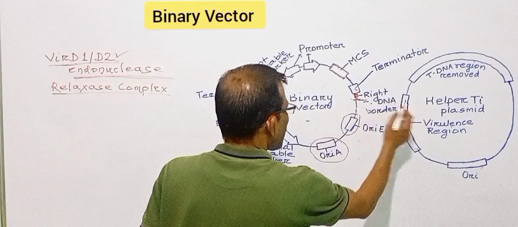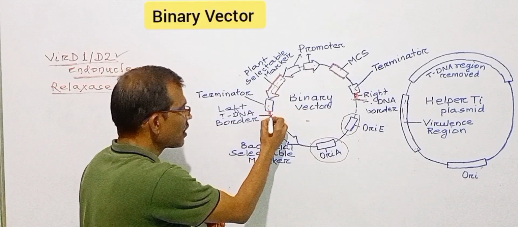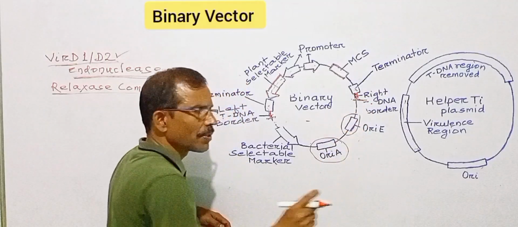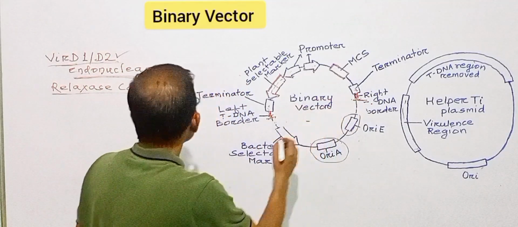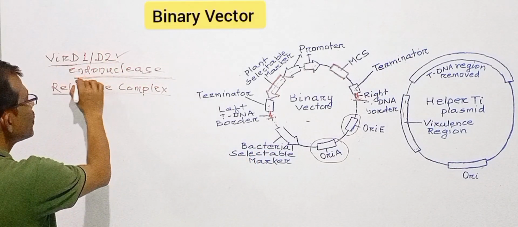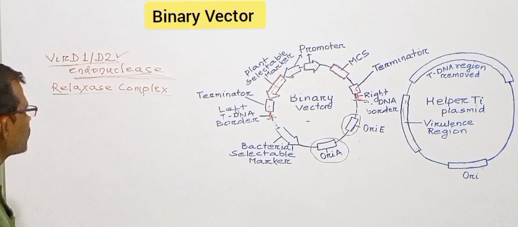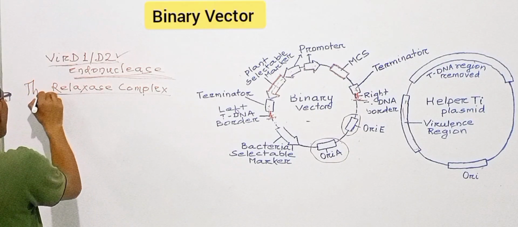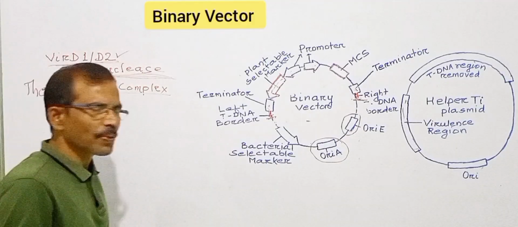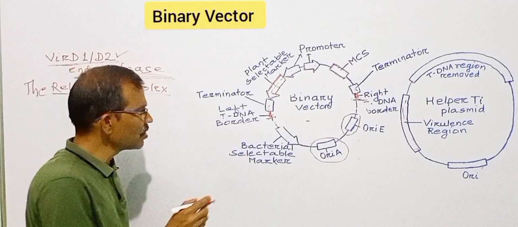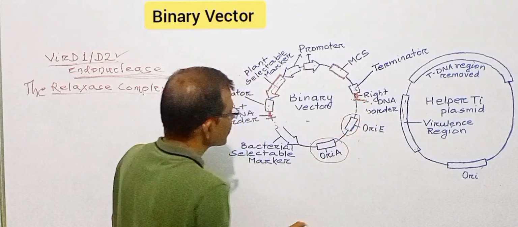Out of these two plasmids, the binary vector contains only the left and right border from Ti plasmid. These border sequences are recognized by VirD1 and VirD2 endonuclease, which together form a complex known as the relaxase complex. VirD1 and VirD2 proteins are responsible for precise excision at the ends of the border sequences.